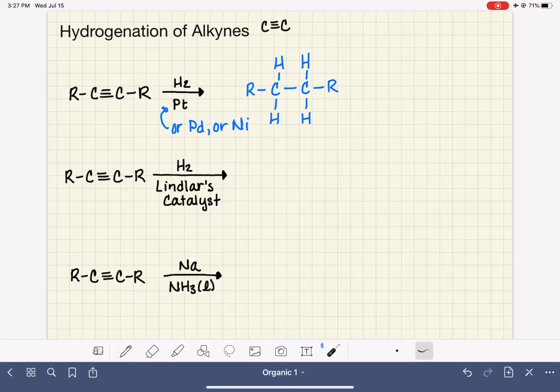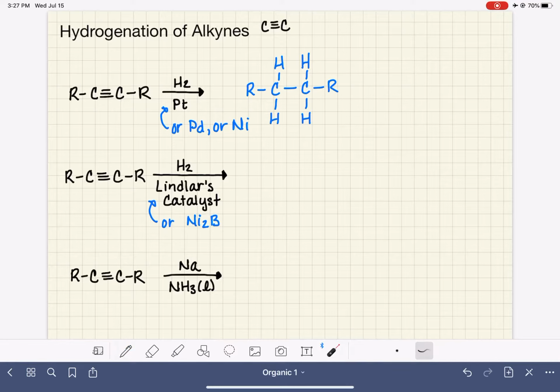Another type of hydrogenation that we can perform is also using H2 gas with a different type of catalyst known as Lindlar's catalyst. In place of Lindlar's catalyst, you could also use Ni2B. So that would be H2 gas, again with Ni2B.